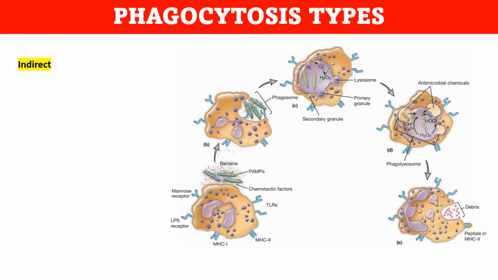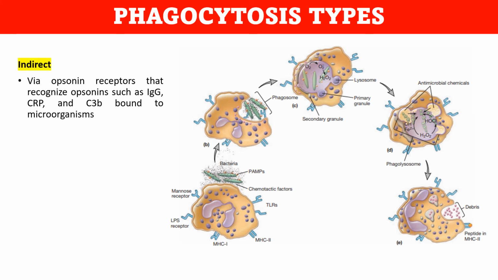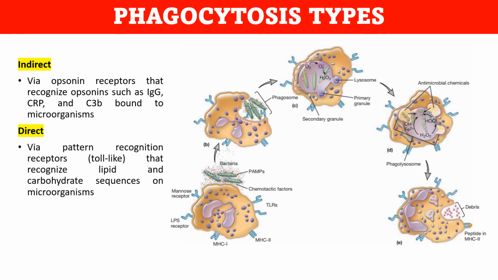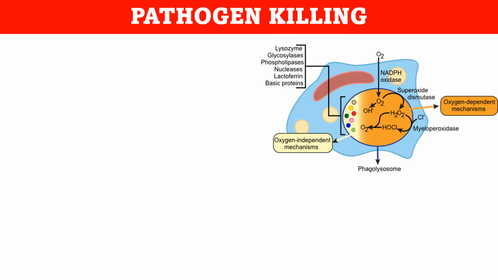Phagocytosis types: indirect, via opsonin receptors that recognize opsonins such as IgG, CRP, and C3b bound to microorganisms. Direct phagocytosis is via pattern recognition receptors, toll-like, that recognize lipid and carbohydrate sequences on microorganisms.